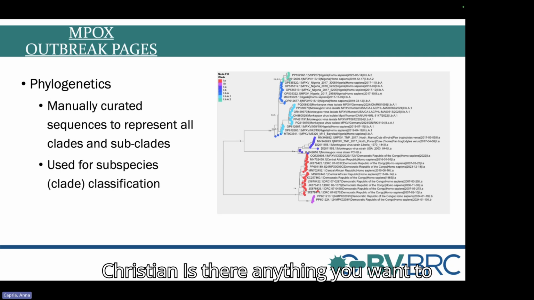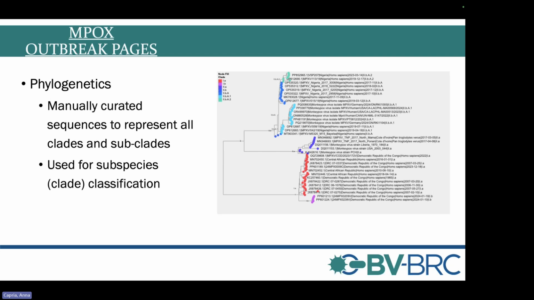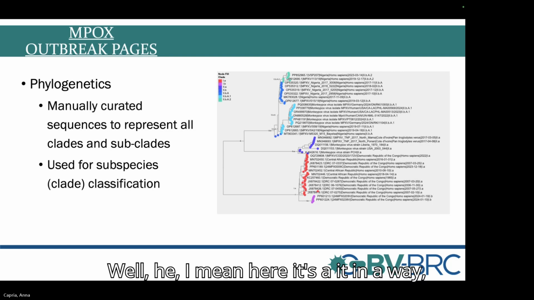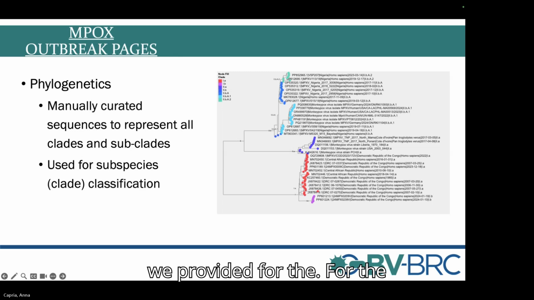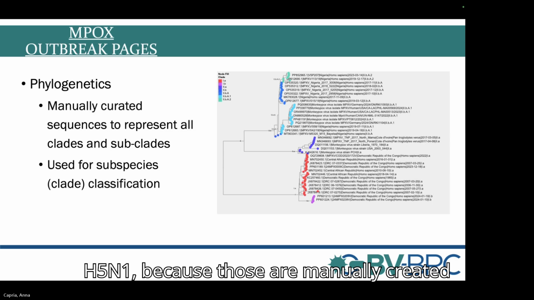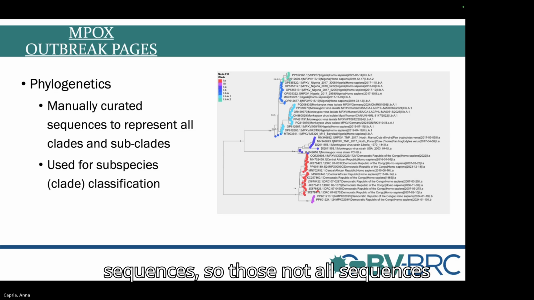Christian, is there anything you want to say about the phylogenetics here? Well, in a way this is very different from the one we provided for the H5N1, because those are manually curated sequences, so those are not all sequences.